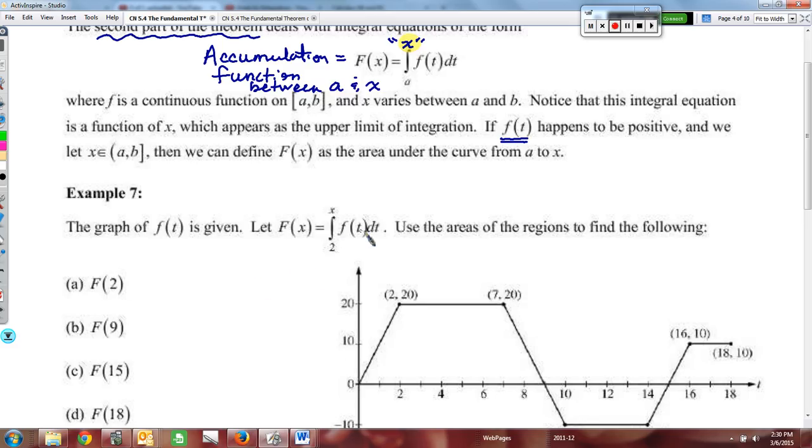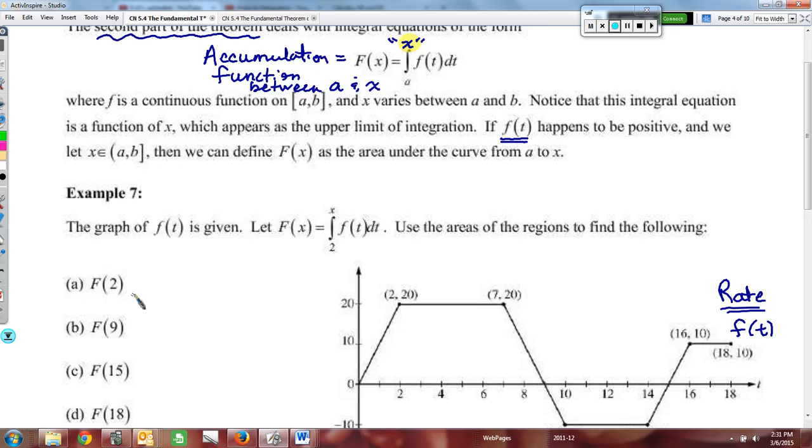So little f of t dt is going to be the graph that I'm giving you. So I'm giving you the rate curve, right? So this f of t is giving us the rate. This is your derivative that I'm giving you, right? And because it's inside of here, then we know that when we're doing accumulation, we're going to work our way to the antiderivative.